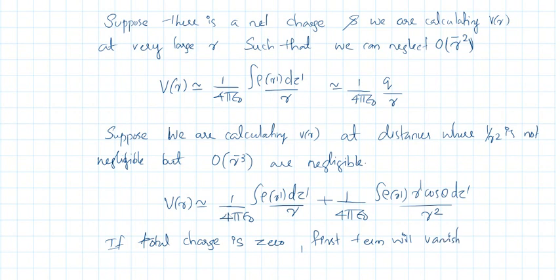Then the remaining is V of r approximately equal to 1 by 4 pi epsilon 0 integral rho of r prime cos theta divided by r square d tau. Or V of r is equal to 1 by 4 pi epsilon 0 integral rho of r prime into r cap dot vector r prime d tau prime divided by r square.